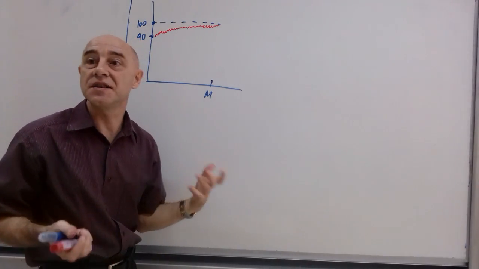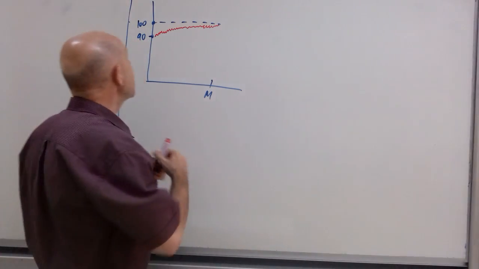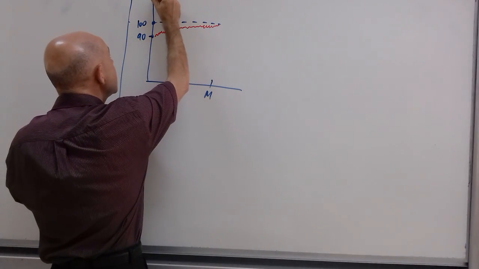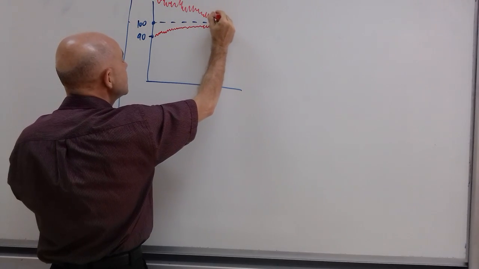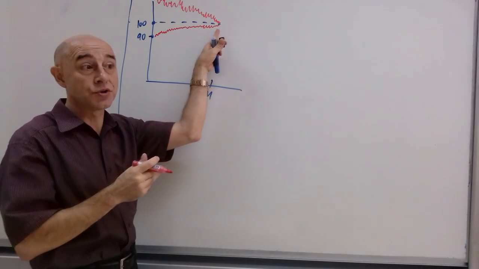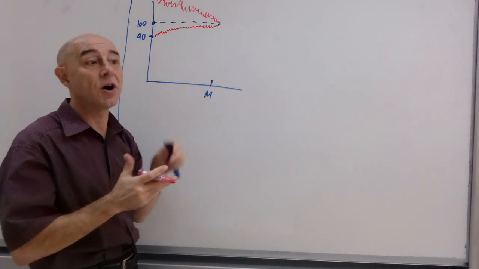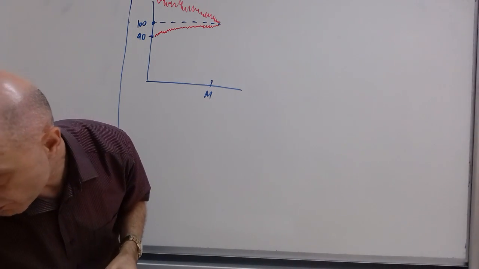That's simple. If it's a premium bond and sells at a premium today, it may be zigzagging every which way, but eventually it's going to be moving closer and closer to the par. That's relationship number 3.